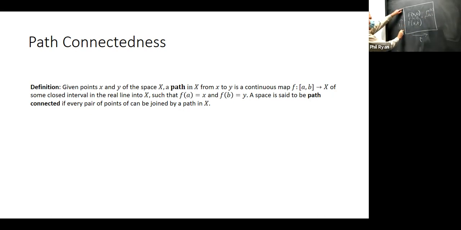So here is path 1, here is path 2. If we can, by a continuous map, do this kind of setup, then what we're doing is continuously deforming this path to this path. And then you can set up an equivalence relation of paths.